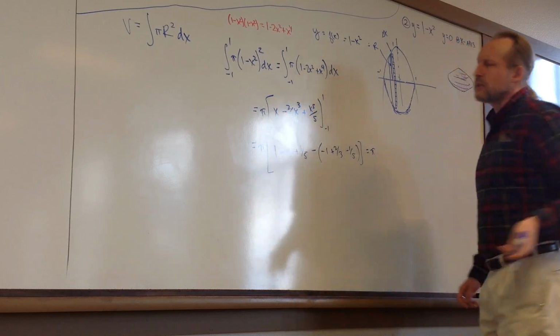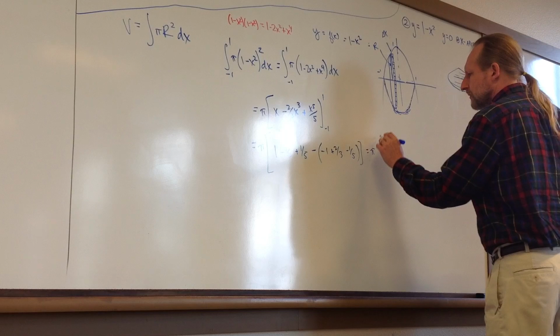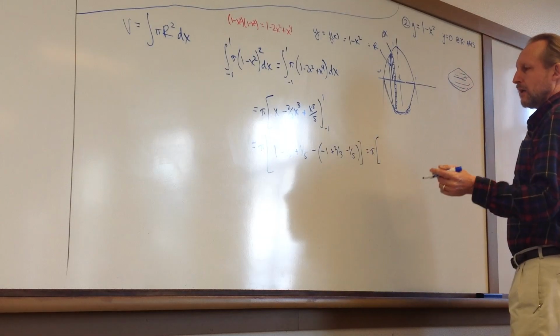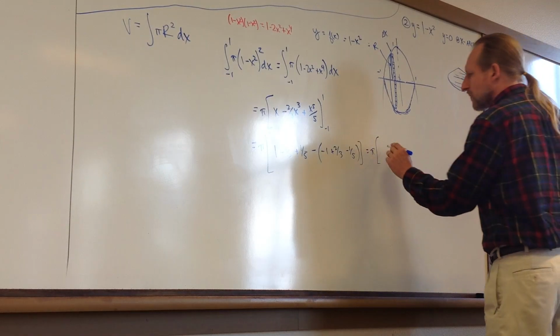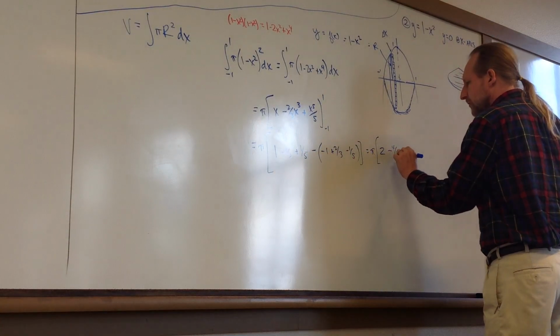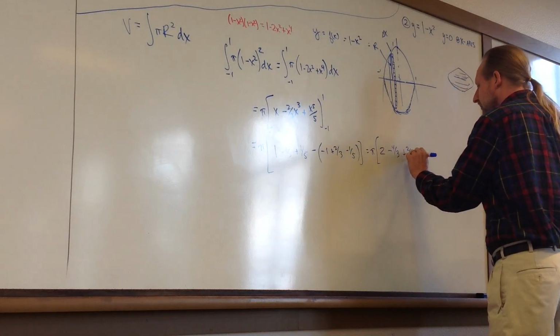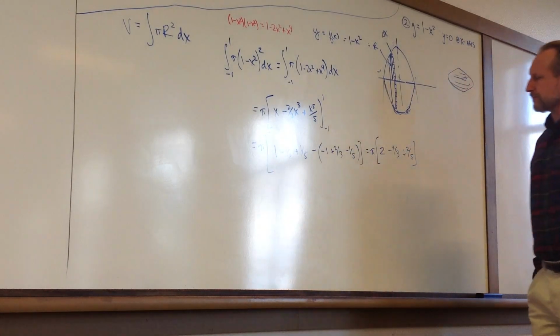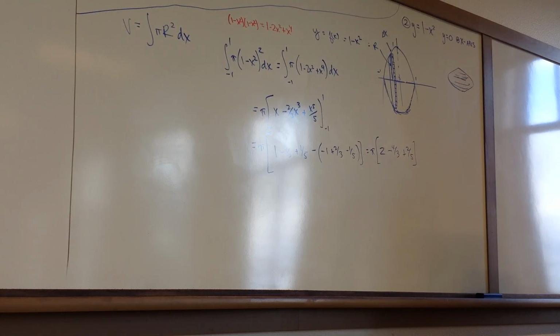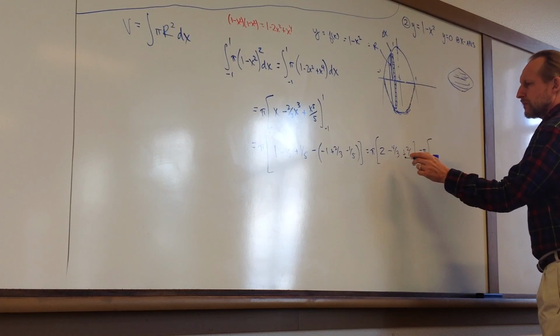And again, you can evaluate this on the calculator if you want to. I'm going to do that in a minute. But in any event, this is going to be 2, and then minus 4/3, and then plus 2/5. Okay? So what is that going to be? Let's see. I'll check this on the calculator in just a sec.